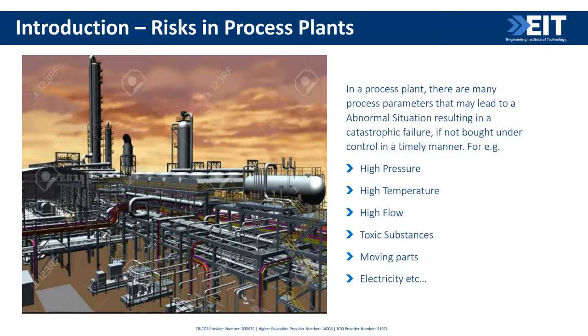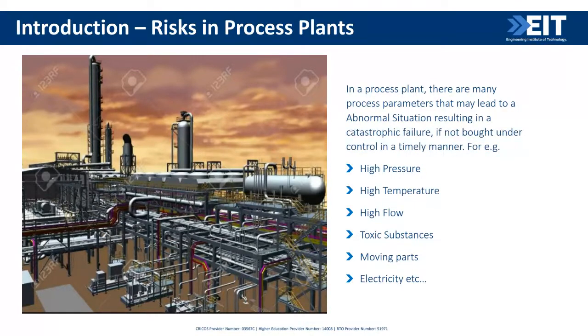So the key drawback of such a plant is that its operation involves risks, because if the process parameters go into an abnormal zone, then it might cause a lot of risks. While we can never bring these risks to zero, the goal of the design of these process plants is to keep them as low as practicably possible.